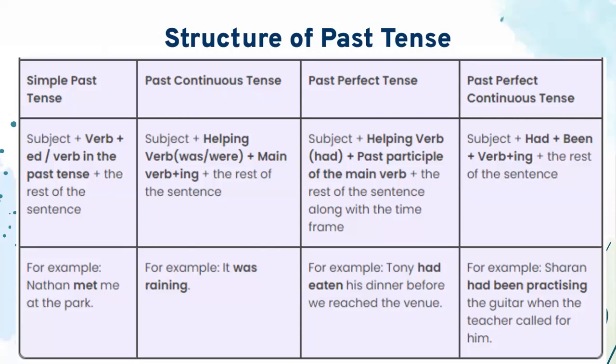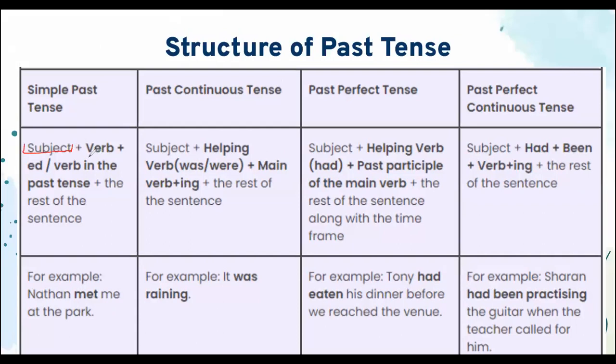How is the structure of past tense? For simple past tense, we have our subject and our verb plus ed, or if it is irregular, the verb in the past tense.